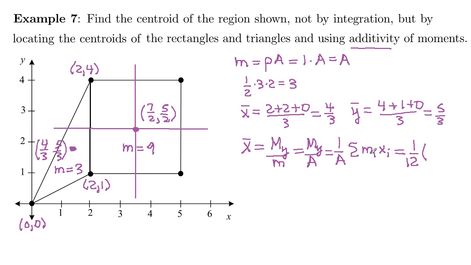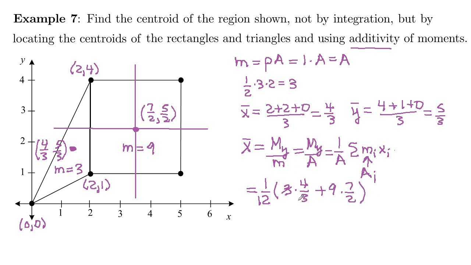And then our mass here, again, mass is area for lamina. So we had area of 3 and then an x coordinate of 4/3 in the first region, plus an area of 9, or mass of 9, times the x-coordinate in that region, 7/2.